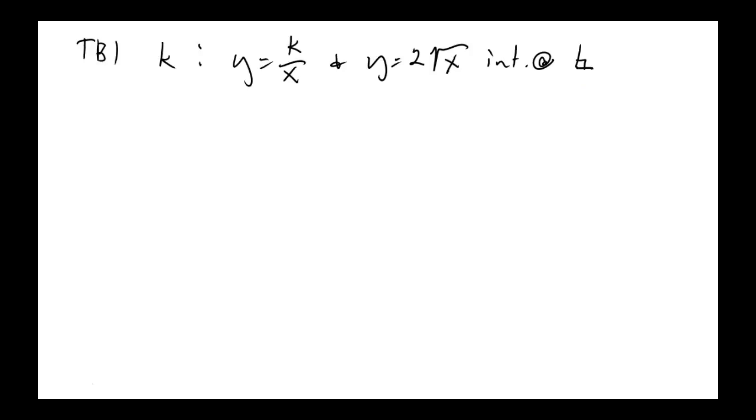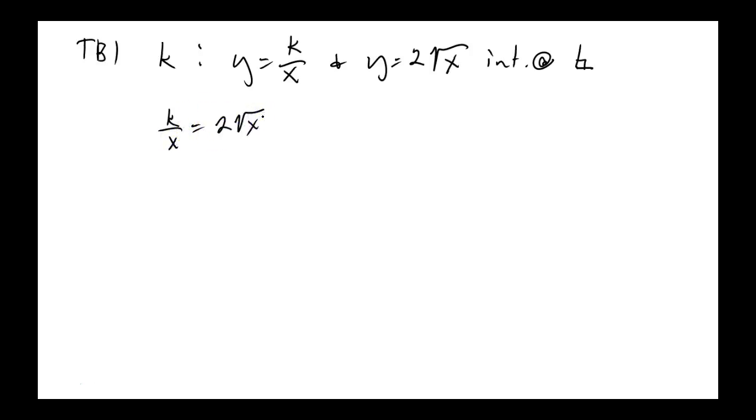So what must be true about that then? Well, k over x equals 2 square root x, right? They're equal to each other. Okay, so at the point of intersection, k over x is equal to 2 times the square root of x?